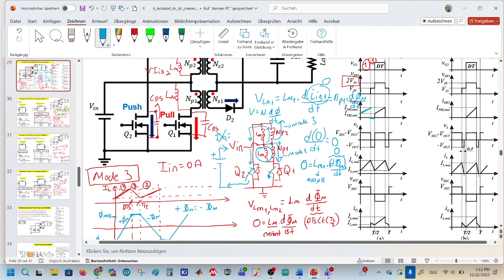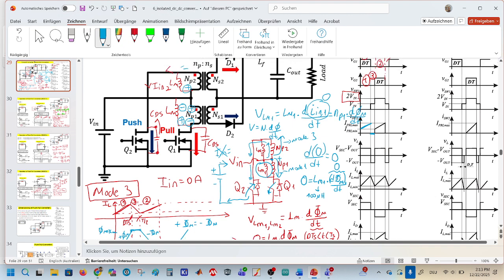I assume that this was plus, this was minus at the beginning during Q1 is on. But now the polarity changes. This would be plus and this would be minus. And again, this would be plus and this is minus. The current flows like that.